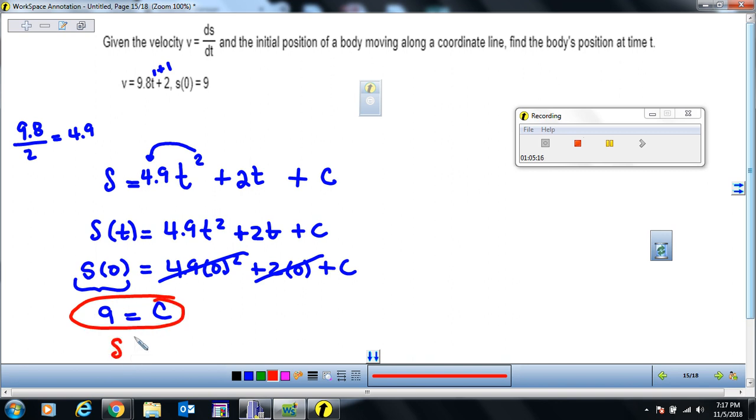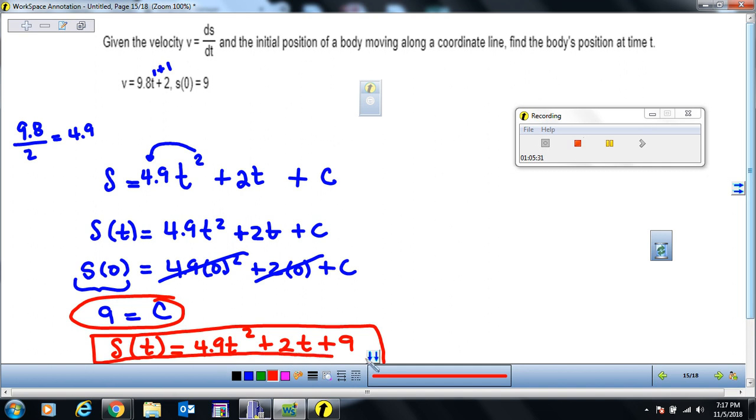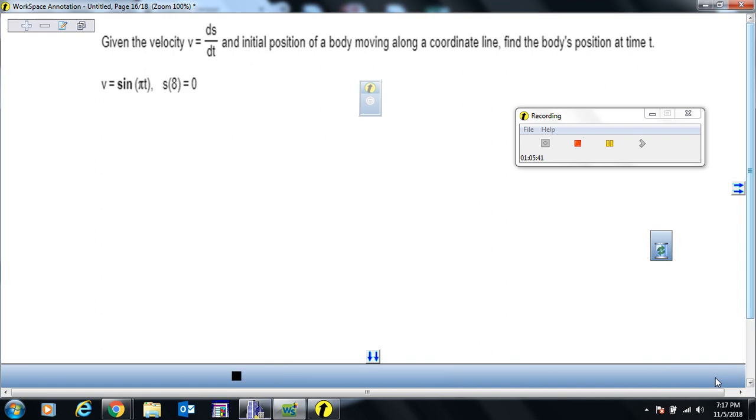So the position function is s of t equals 4.9t squared plus 2t plus 9. Okay, and that's what the answer should be.